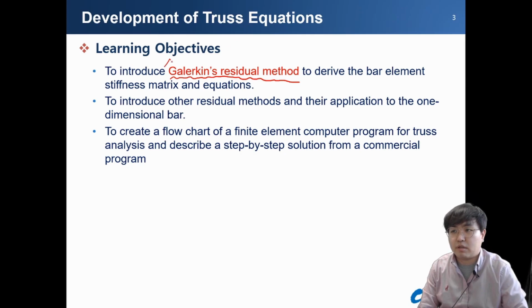Similar to the energy minimum potential approach method, we can derive the FEM equation from the partial differential equation. After learning the Galerkin residual method, I think you can derive all kinds of partial differential equations into FEM formulations.